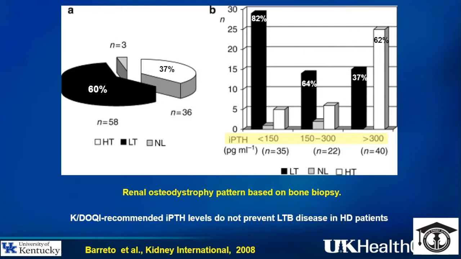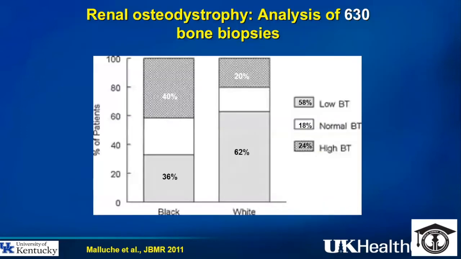Actually this study and others were the reason that the KDIGO guideline changed the PTH target level from 150 to 300. Now we are using 2 to 9 folds of the upper limit of normal, which means about 150 to 500 or 600. So the upper limit of 300 was moved up to about 500 or 600, according to your assay, to avoid low turnover bone disease.